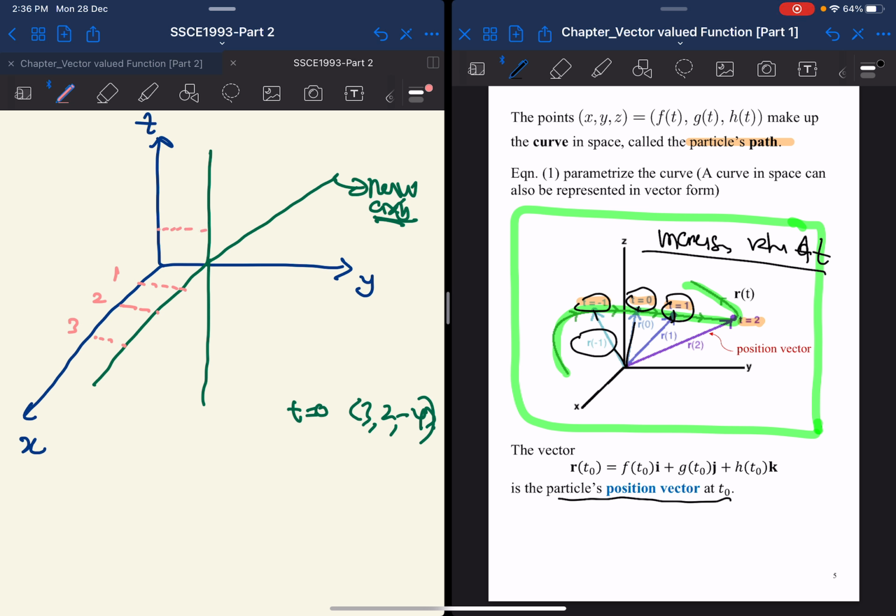So the coordinate for t equal to 0 is 3, 2, negative 4. One more thing: from here, it should be negative 1, negative 2, negative 3, negative 4.